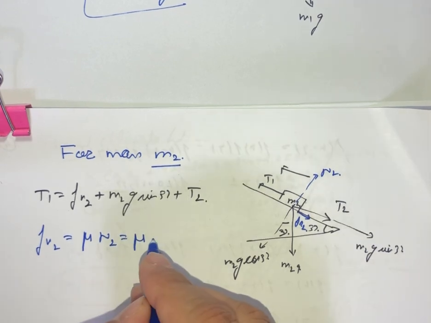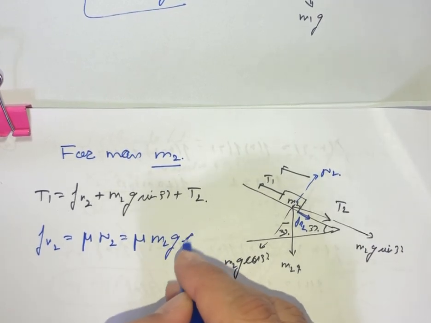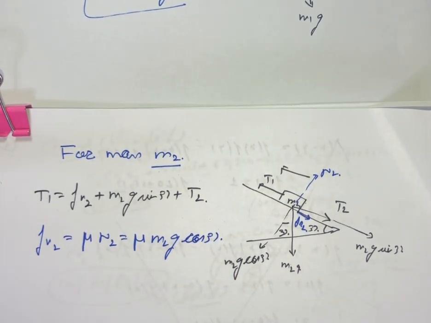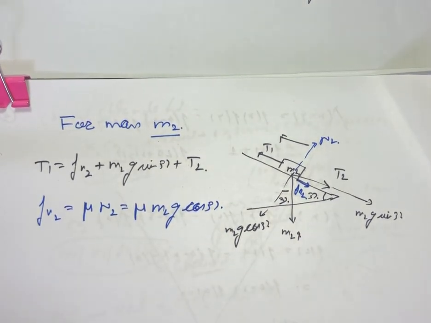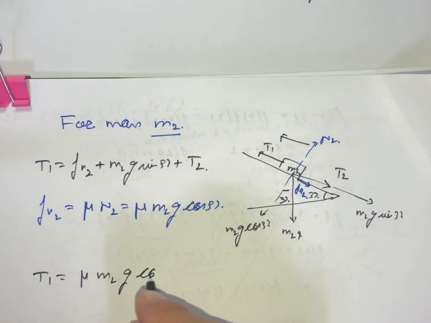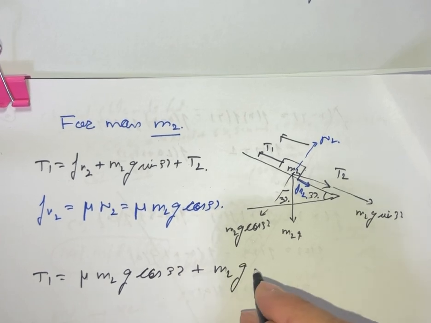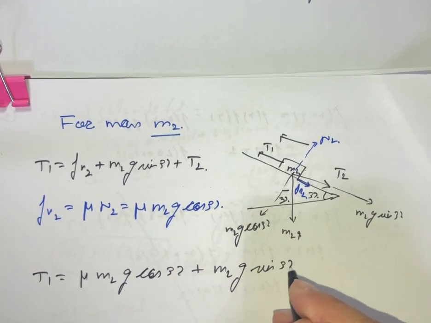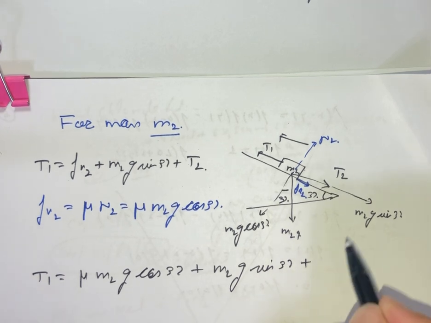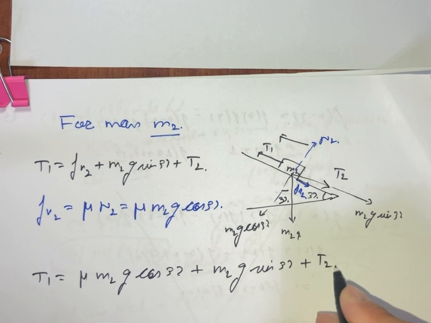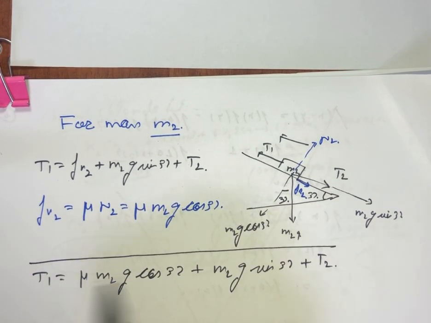This becomes mu m2g cos of 37. So then the equation comes as T1 is mu m2g cos of 37 plus m2g sine of 37 plus tension T2. Let me call this equation number 2.